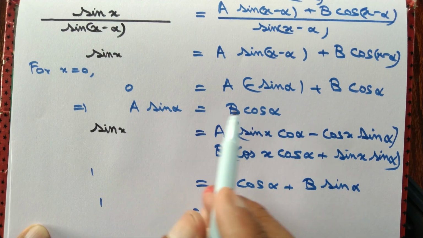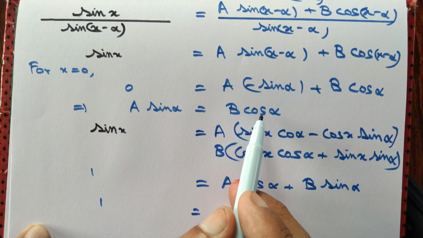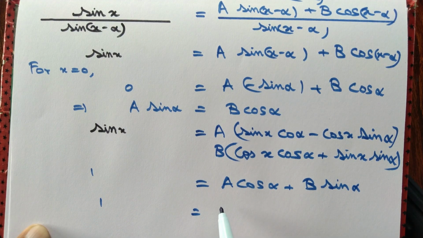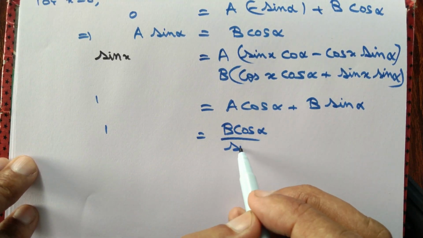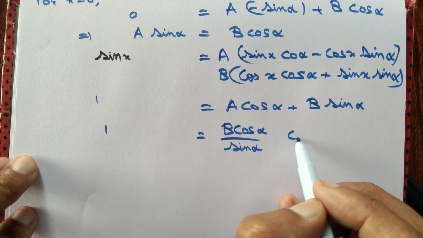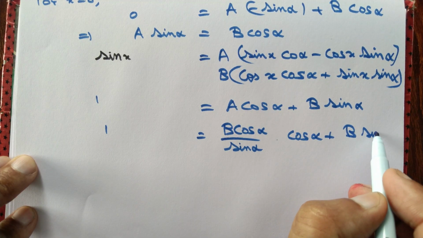Again, a sine alpha equals b cos alpha, so a equals b cos alpha by sine alpha. Substituting, we get 1 equals b cos alpha by sine alpha times cos alpha, and b sine alpha we copy as it is.